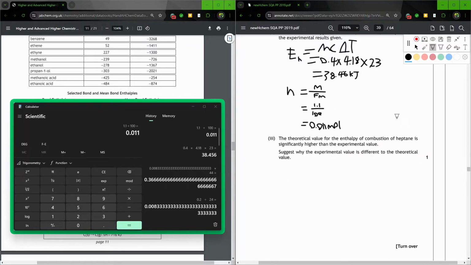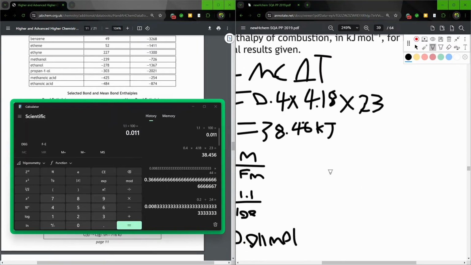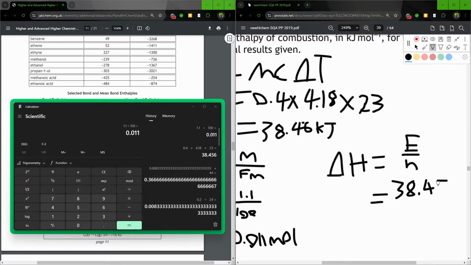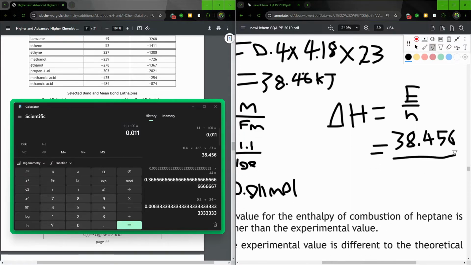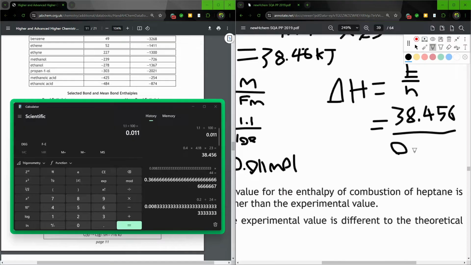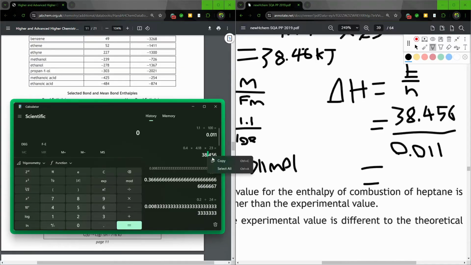And now we can put our delta H equals E over n. E is 38.456, I'll put 456 just to be extra accurate, and then 0.011, and then we can finally do it. Oh, cheers, that's really helpful, isn't it? Fine, we'll do it the old-fashioned way.